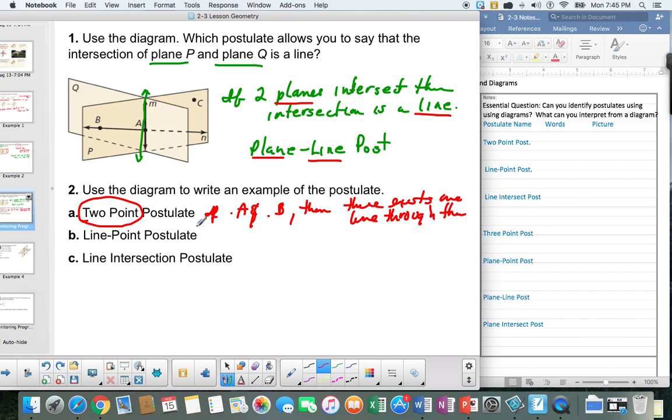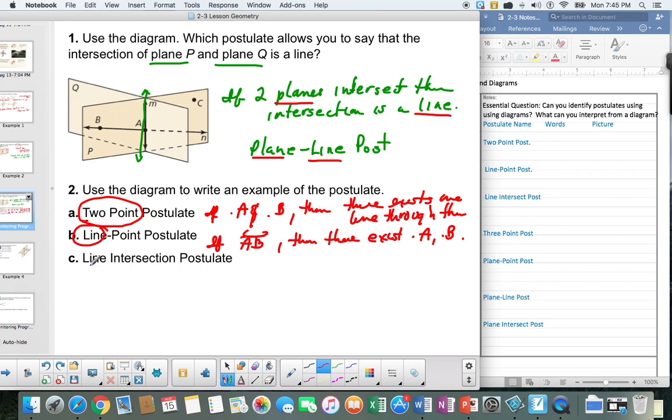That's what the two-point postulate says. Now B says the line point postulate. You're starting off with a line. So if you have line AB, then there exist point A and point B on the line.